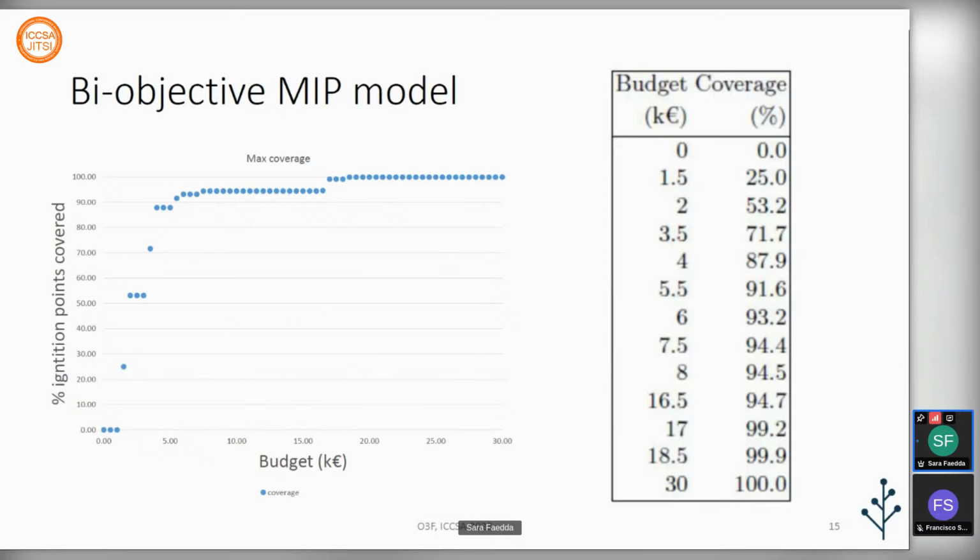These are the ones that are rational to be chosen. And we can see that at some of these points there are big jumps. For instance, with 4,000 euros we can already cover almost 90% of the region.